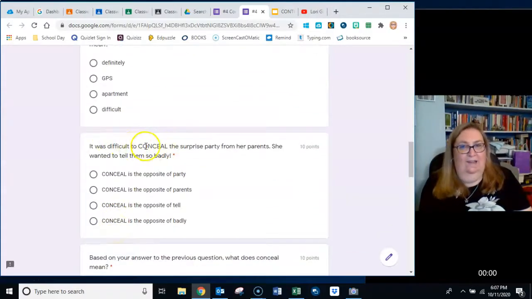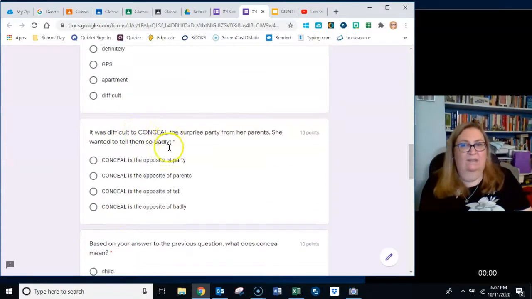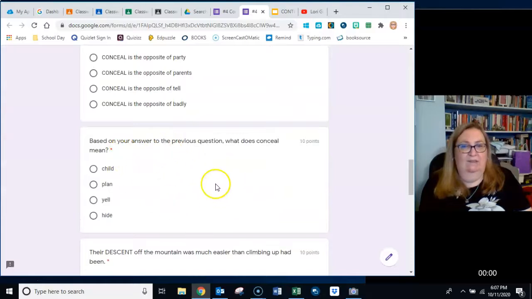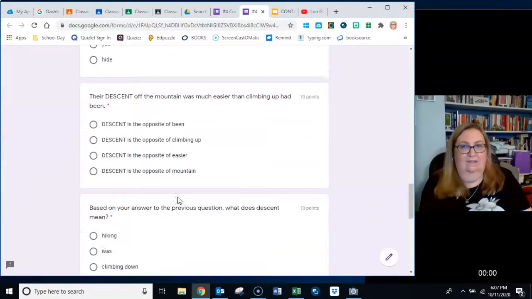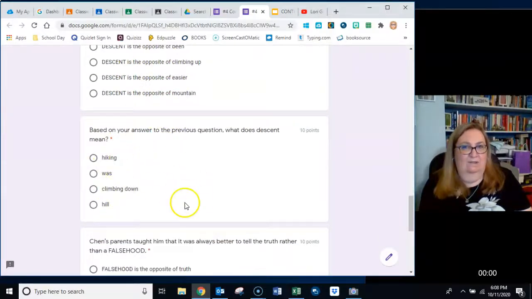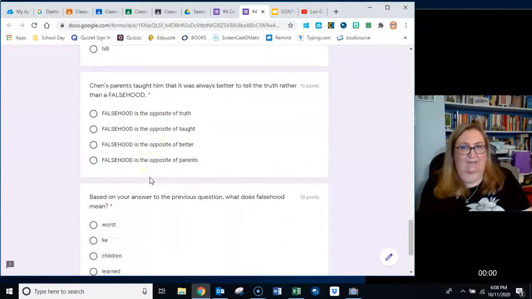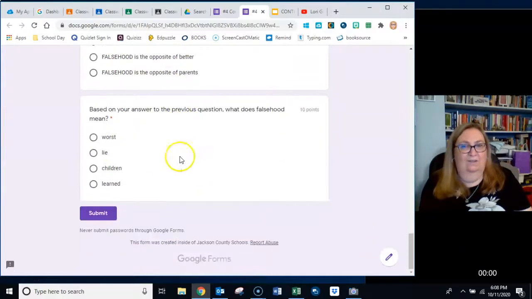Here you're finding the antonym for conceal, the opposite of conceal, and here you're telling what conceal actually means. Here you're telling the opposite of dissent, and here you're telling what dissent actually means. Here's the opposite of falsehood. Here's what falsehood actually means.